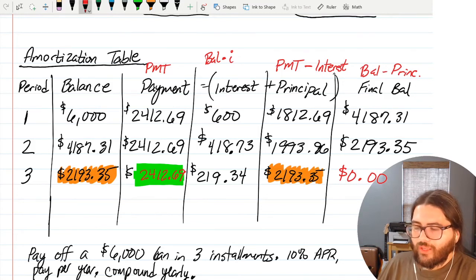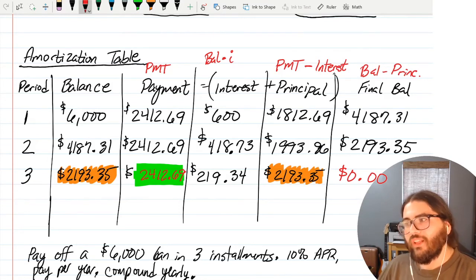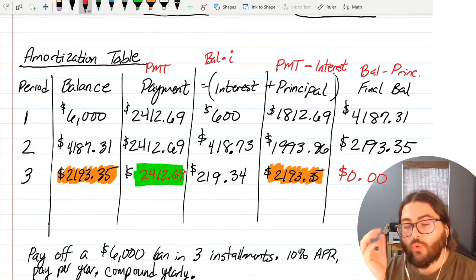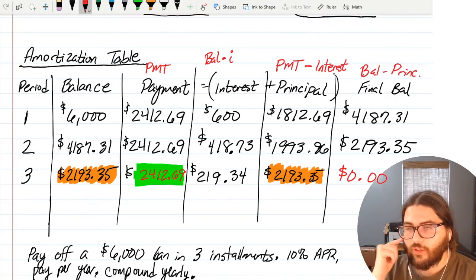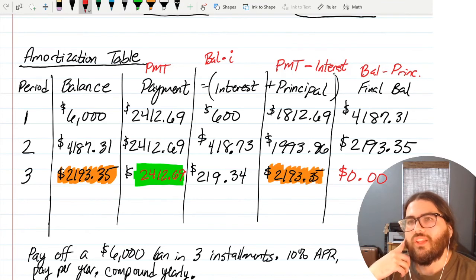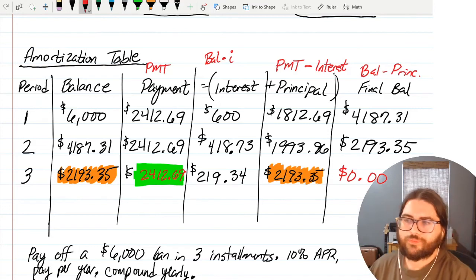All of the times that I had to round in this problem, the errors will add up eventually. If you're doing a longer problem, like a loan for a car, or definitely a loan for a mortgage, those errors will cause that final payment to be just a little bit different. If you're talking about a house mortgage, it might be $2 or $3 different than all the other payments.